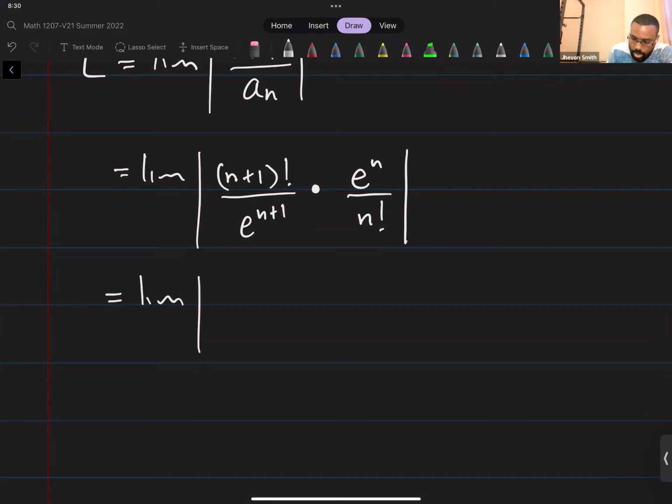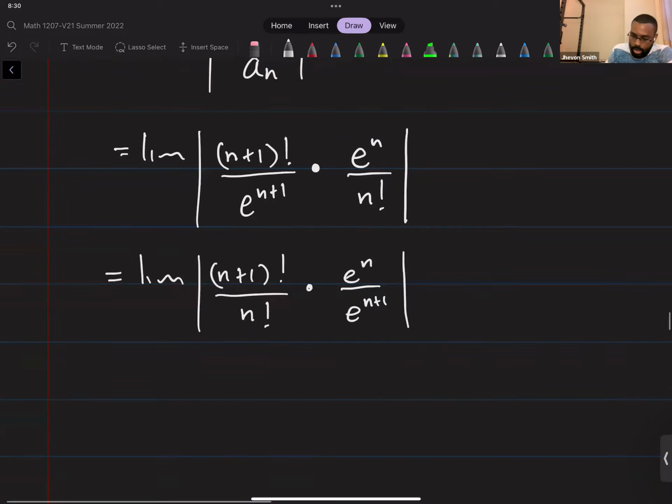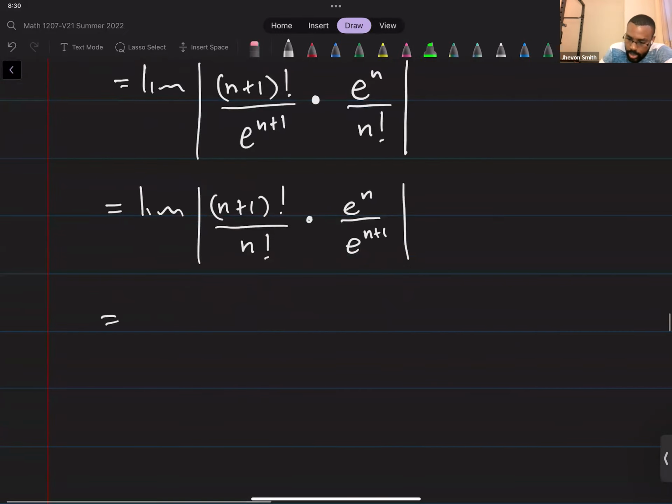I'm not going to try to be a hero or anything. I'm just going to take my time. Separate the exponentials from the factorials. Now, let's actually talk about this. The exponential parts you should be able to deal with relatively easily. So this is going to end up being a 1 over e over here.